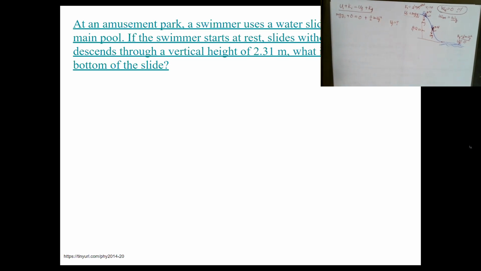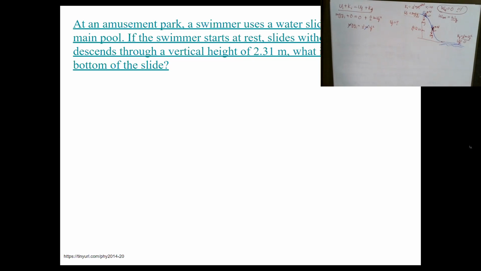From here, you can see that m g y i should be equal to 1/2 m v final squared. You probably realize that you can cancel out the m because both sides of the equation have m in there.